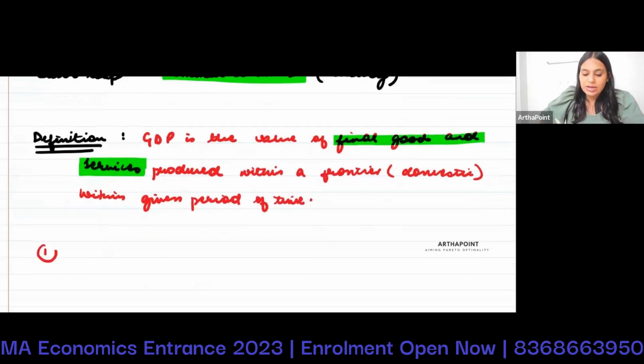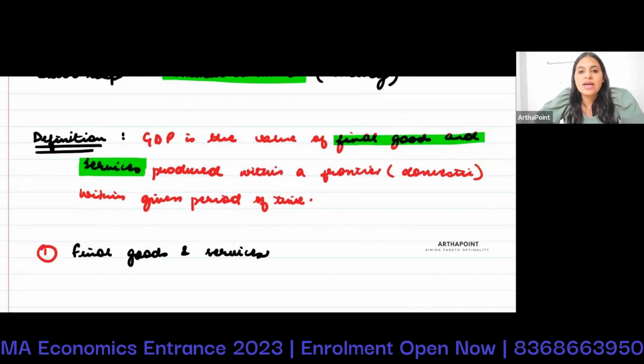First, it must be final goods and services, which means I am not going to include the goods and services which are intermediate. So if, for example, I am using cotton to produce cloth, then cloth would be included in GDP, but cotton would not be included in GDP.